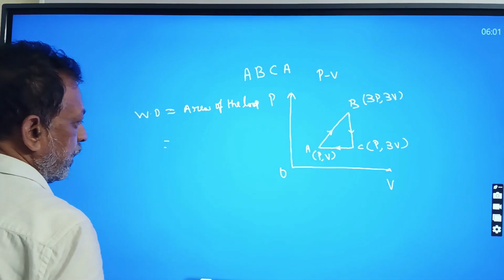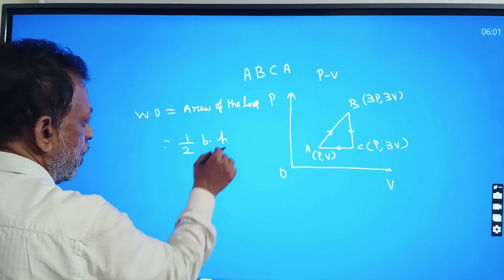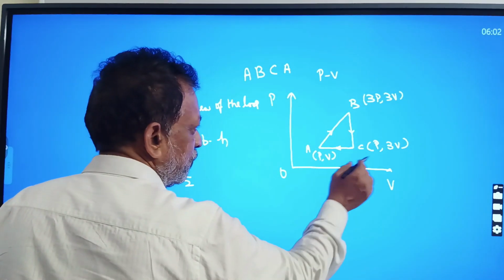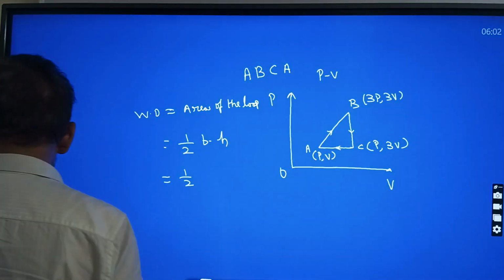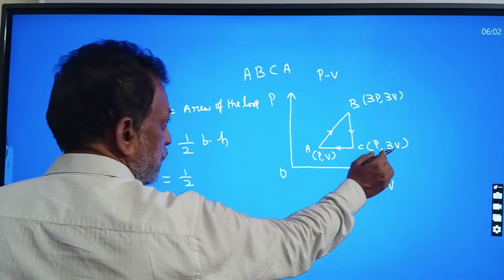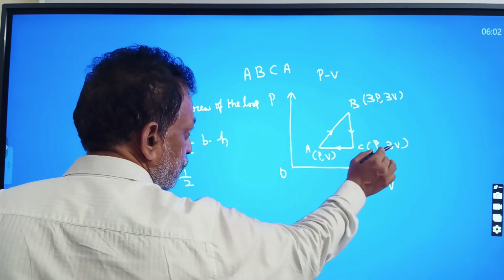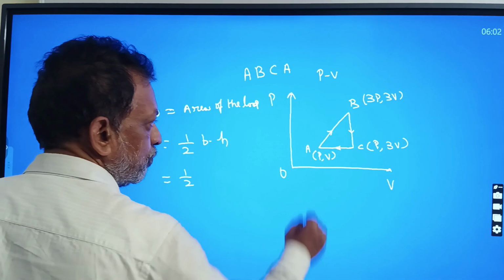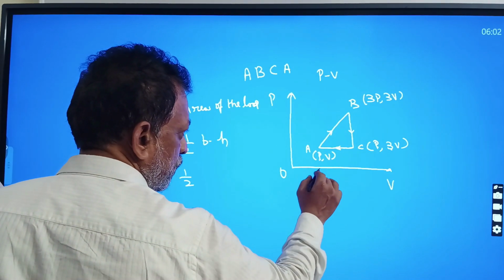So it is a right angle triangle: half into base into height. This is the base, and this is the pressure. The volume is changing and pressure is constant.